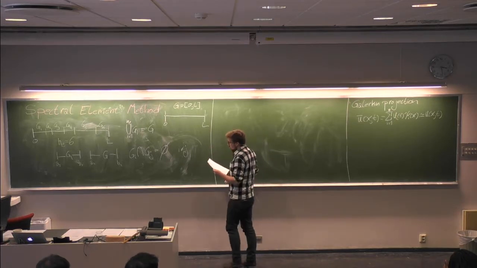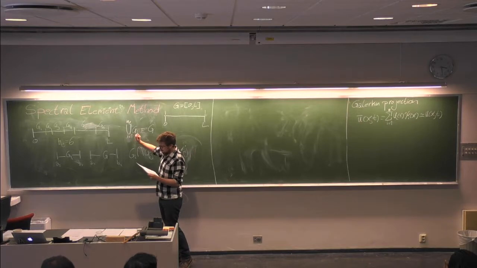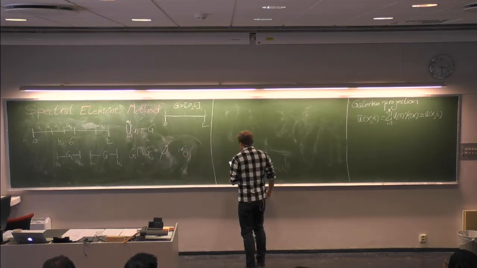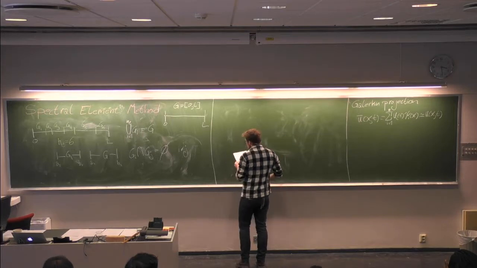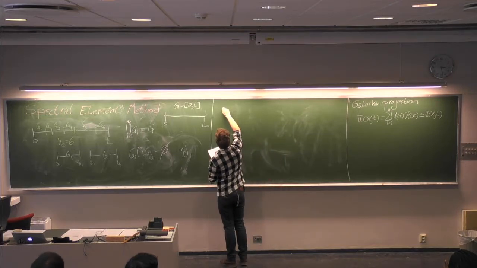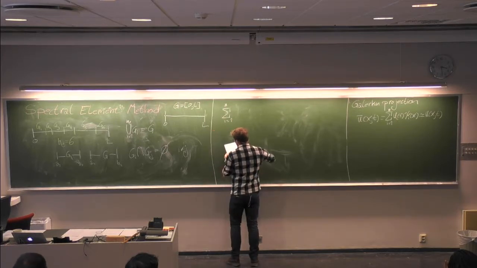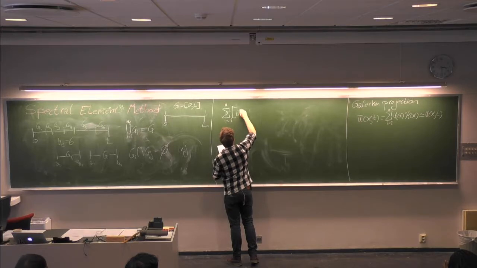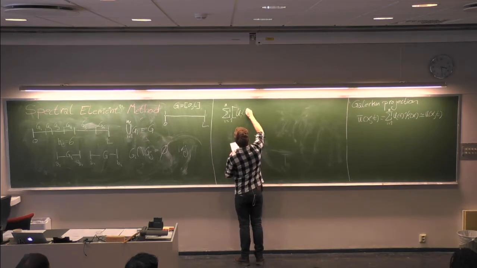But this weak solution for the full domain we have now, using the Galerkin projection, we will get, for i equals 1 to N, and I've also done some more steps here, so I'll try to explain them after I've written the equation.